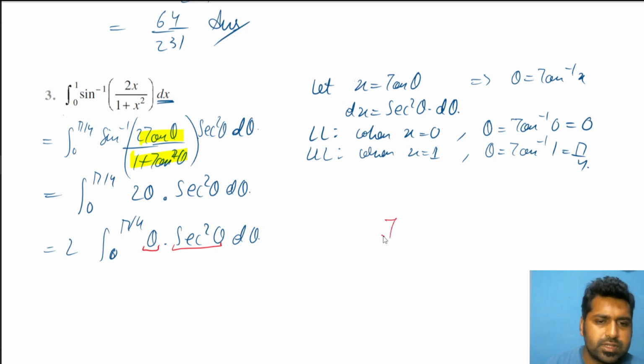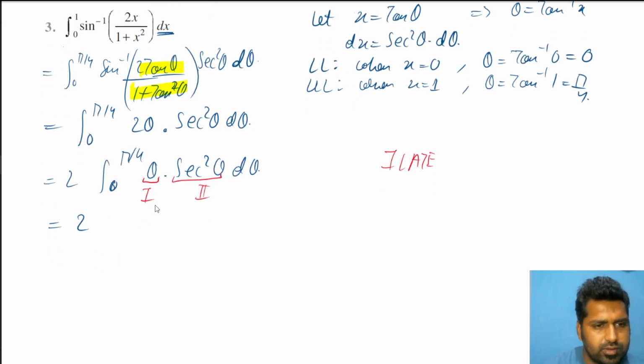So for that we use ILATE. Algebraic expression is first, then trigo. So this is your first function, this is your second function. So this becomes 2 times first function as it is, integration of second function.